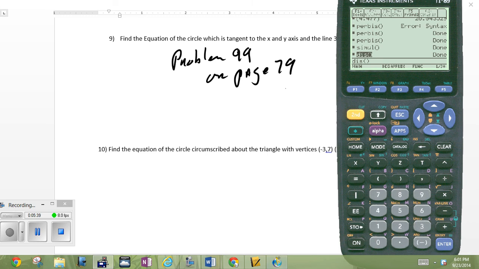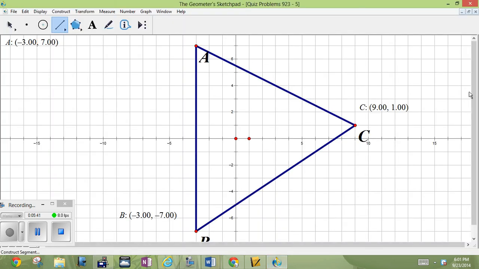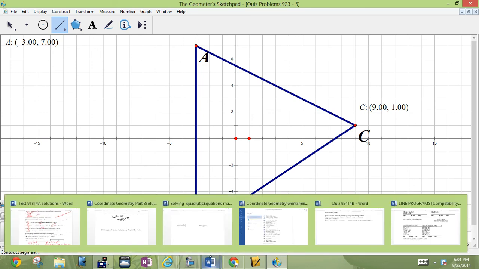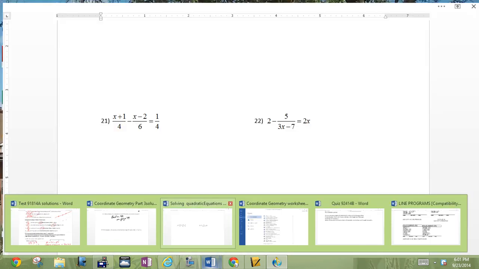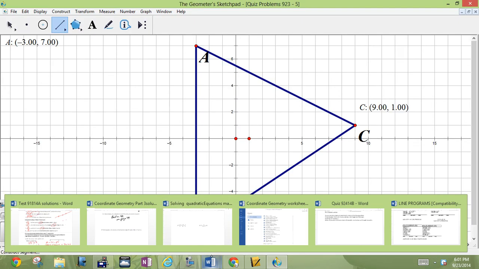My geometry sketchpad will just help us illustrate this, okay? Basically, I want to find the perpendicular bisector of AC, the perpendicular bisector of BC, and their point of intersection. So we'll write that perpendicular bisector of AC, perpendicular bisector of BC, and their point of intersection, okay?